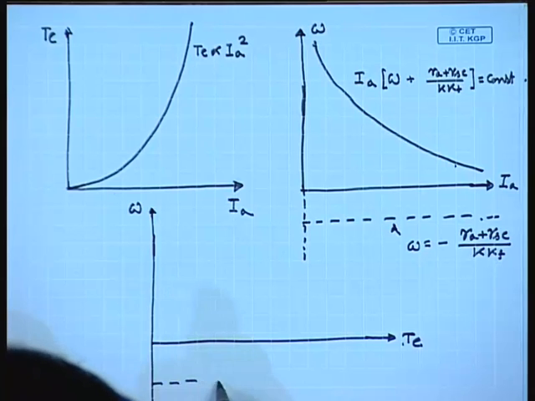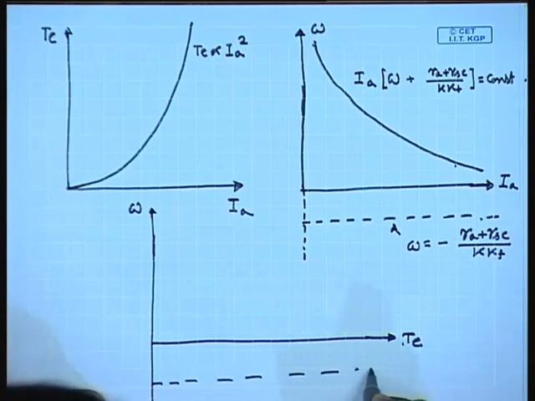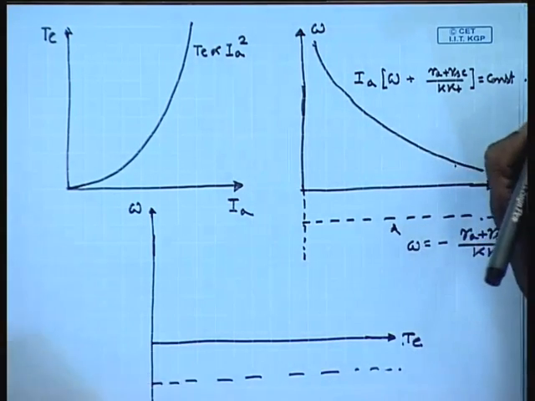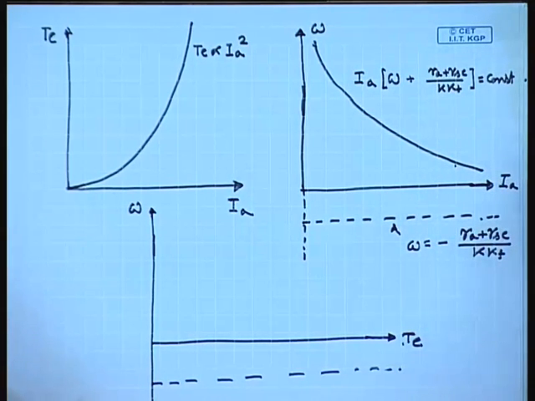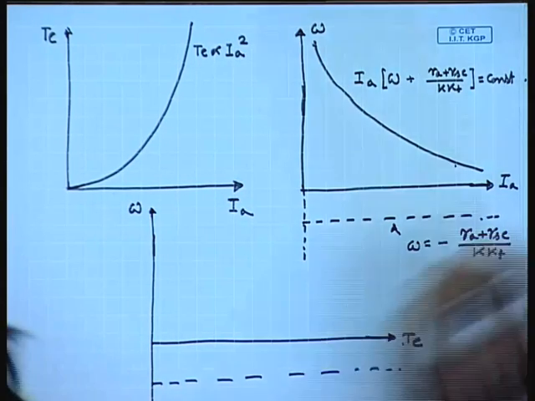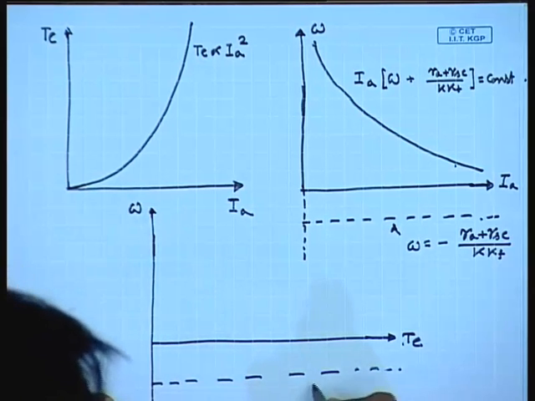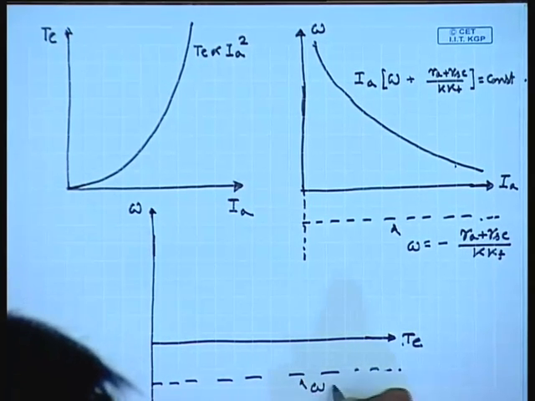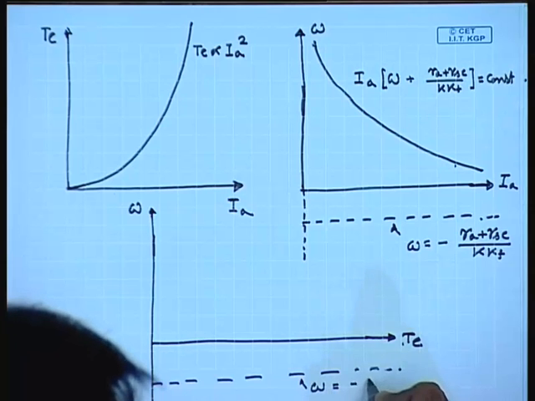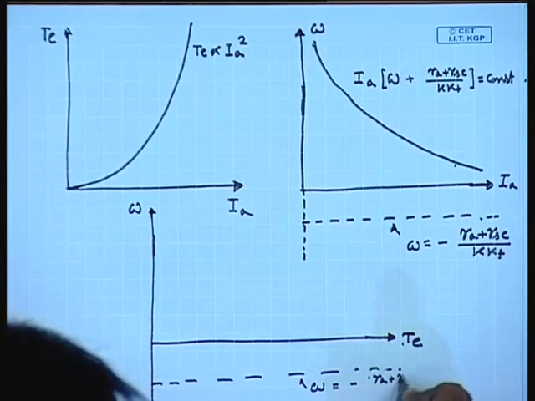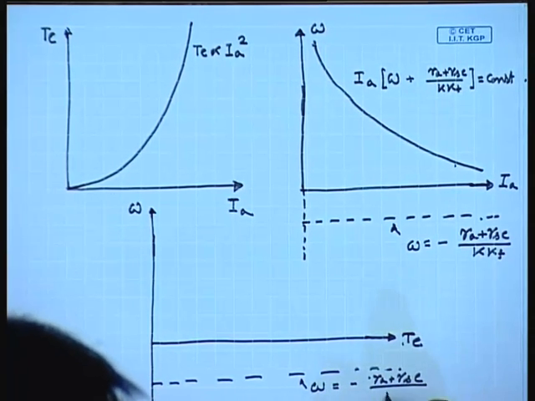Again this is somewhat similar, but this line is again omega equal to minus (R_a plus R_ac) by K k_f.